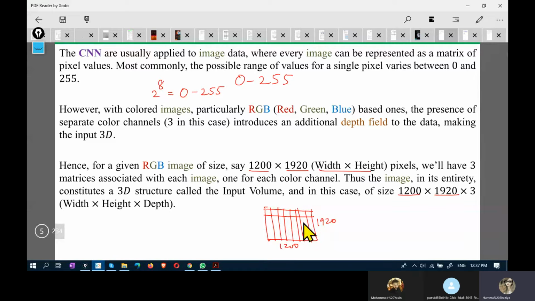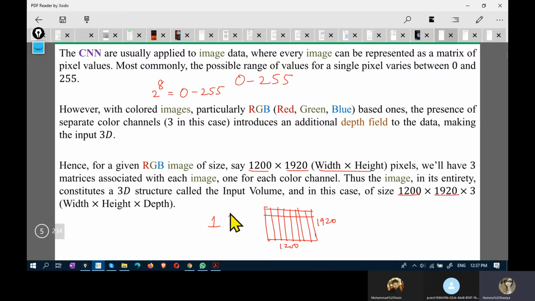If each cell takes a single value, as in a black and white image, the color channel will be 1. If you have a color channel of 3, it means that it is an RGB image.